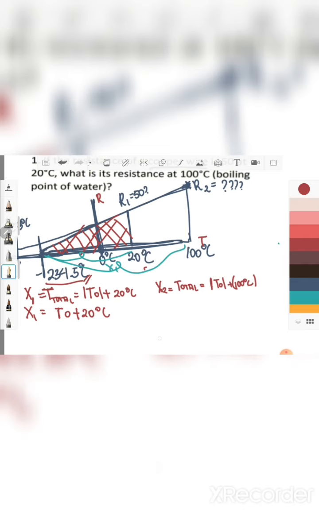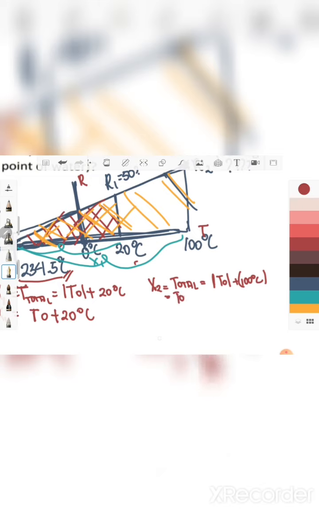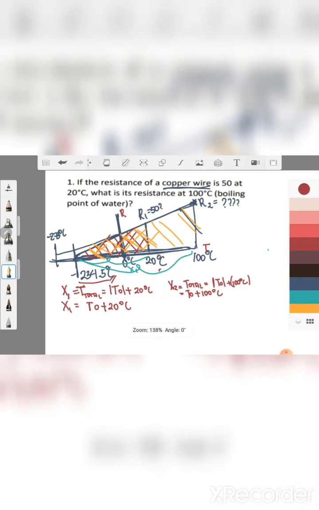Your x2 therefore is equal to this figure, a value equal to TO plus 100 degrees Celsius. Wherein, take note that our TO is equal to the absolute value of 234.5 degrees Celsius.